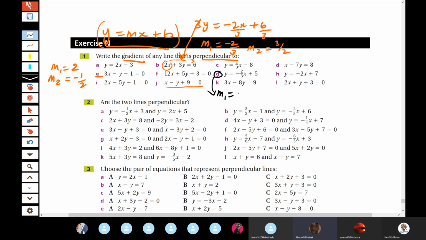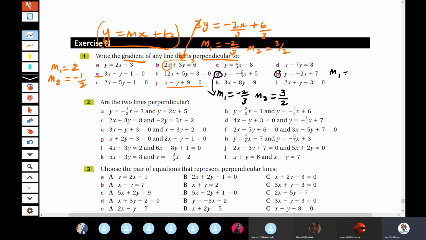Oh, okay. Negative 2/3. Good. And then can you now find me the perpendicular, which is what? Negative, flip this. 3/2. Flip.